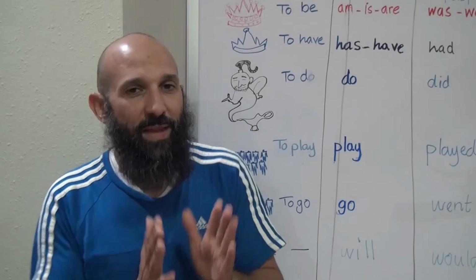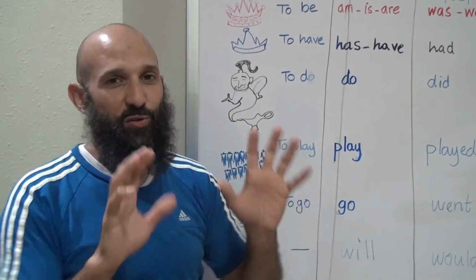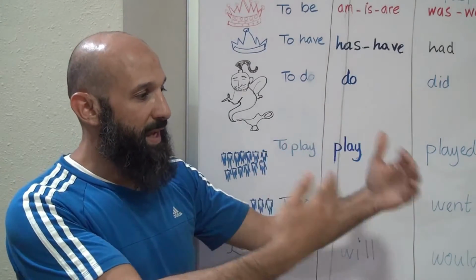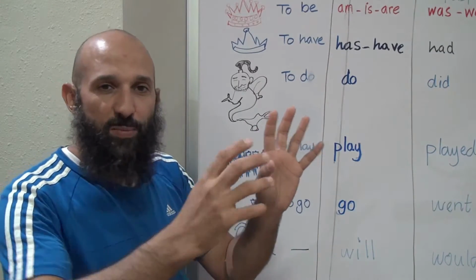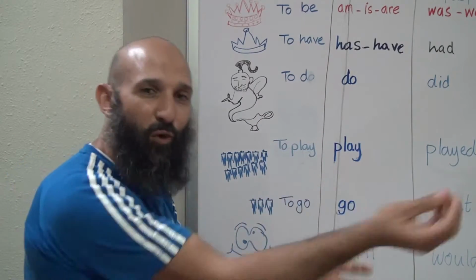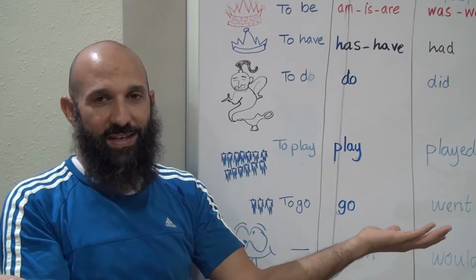How can we make them? Again, the king doesn't need anybody. So just like you made the yes no question, for example, am I a teacher? You just put the WH word that you want before is or am or are, any of these, and you have a WH question.